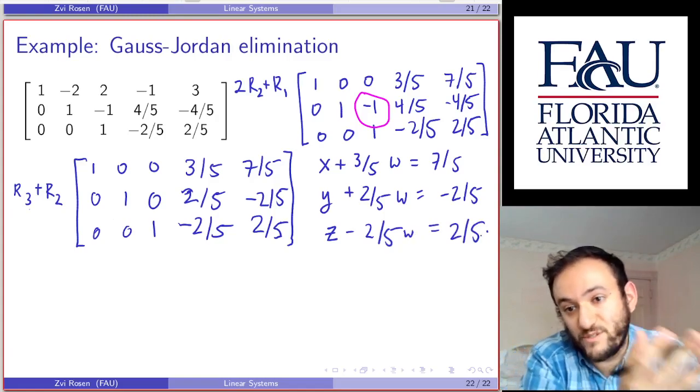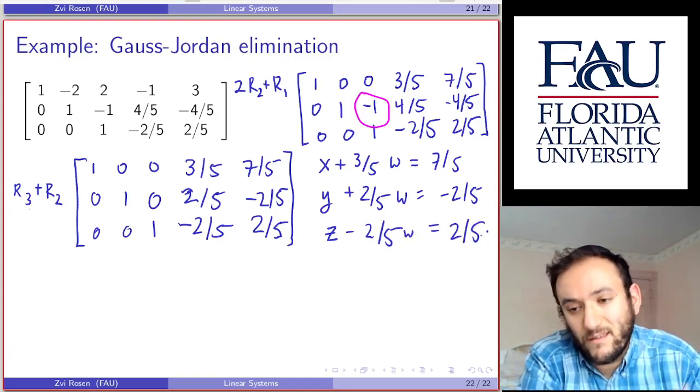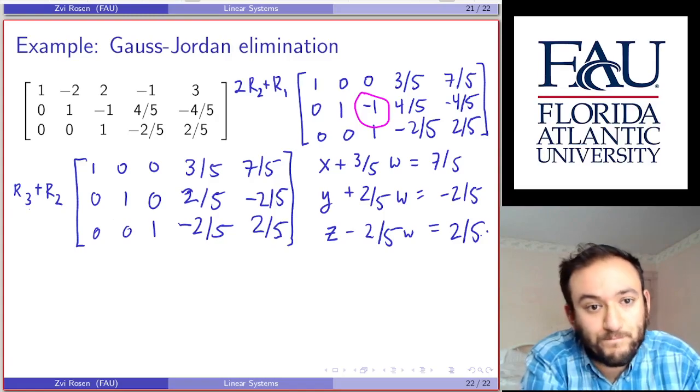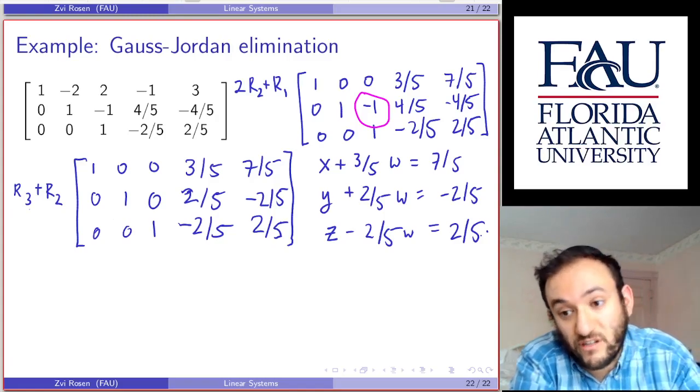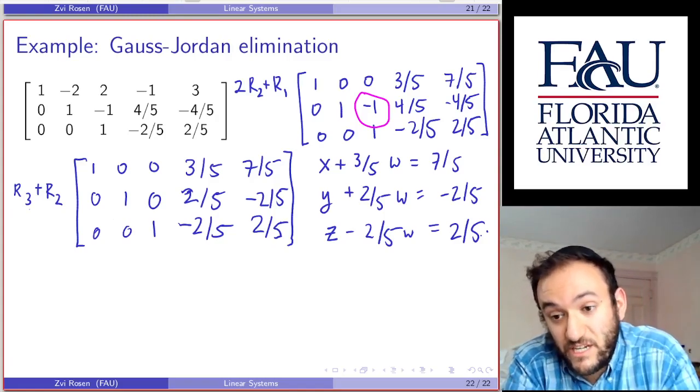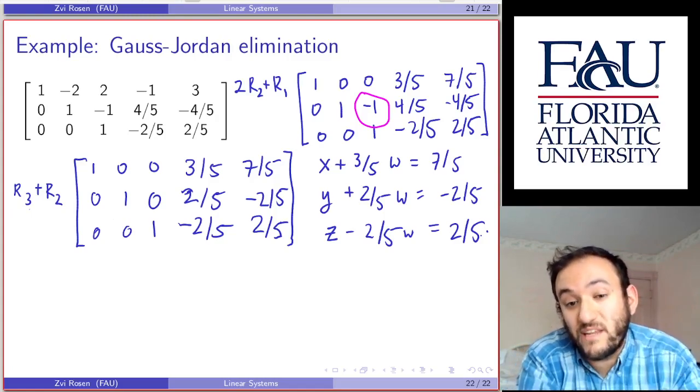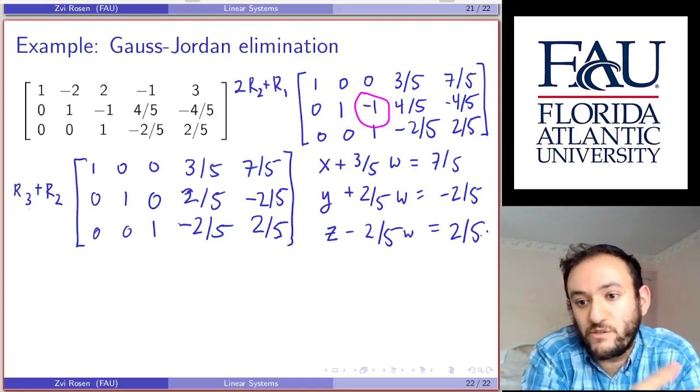Okay, and so just moving the w's over to the other side gets you your full solution set. So Gauss Jordan elimination takes more steps than Gaussian elimination in the matrix part, but then it saves you time once you're actually solving for the variables.